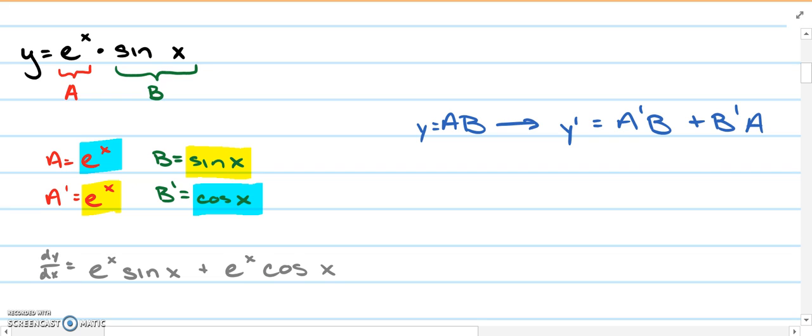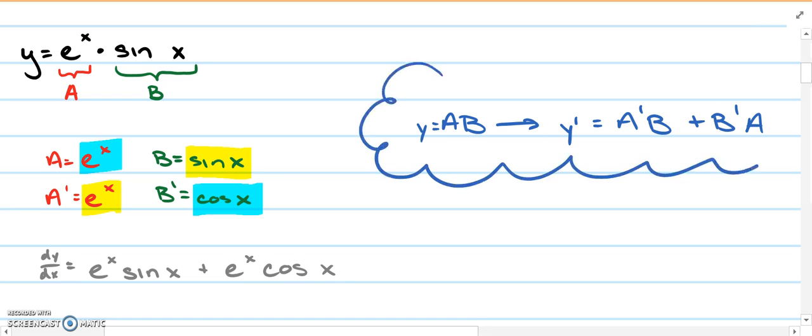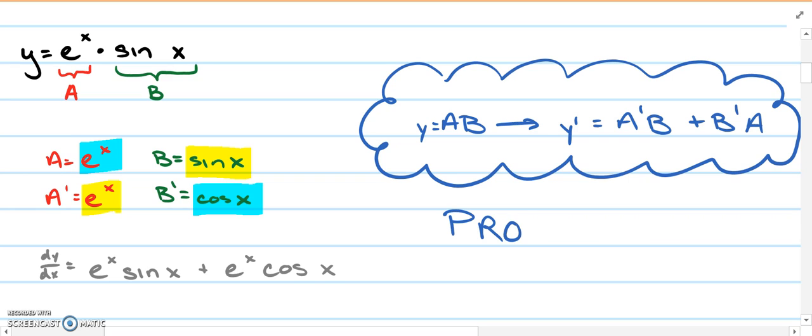And that's it. So the big idea for today is that you can identify two functions and use them in this product rule. This product rule is an absolute must-have in your arsenal.